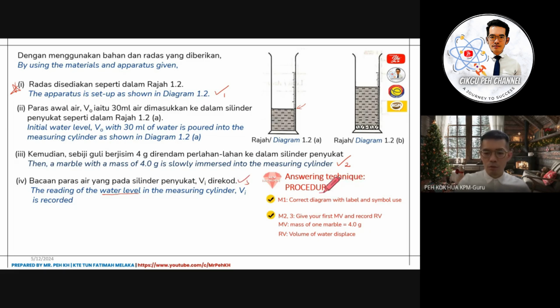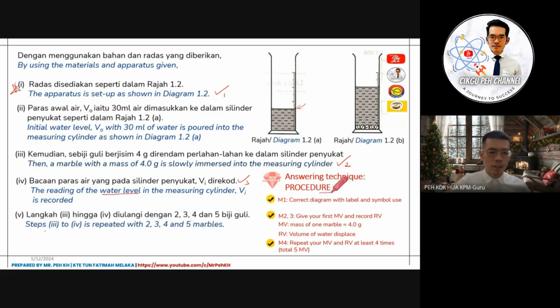Then next, you have to repeat your MV and RV. The sentence will be: steps 3 and 4 are repeated with 2, 3, 4, and 5 marbles. From here, you should know that with the second marble, the total mass will be 8.0 grams. 3 marbles will be plus 4, which is 12.